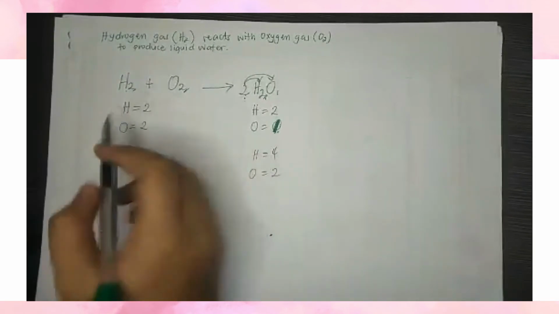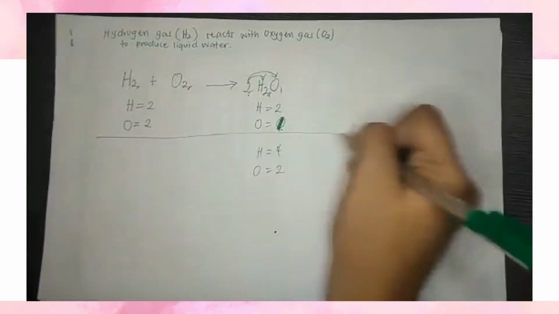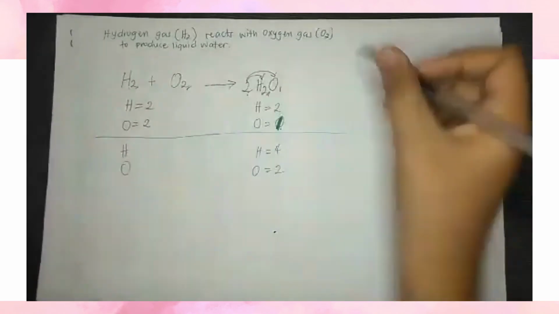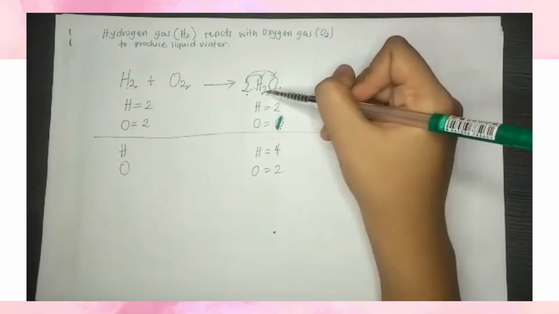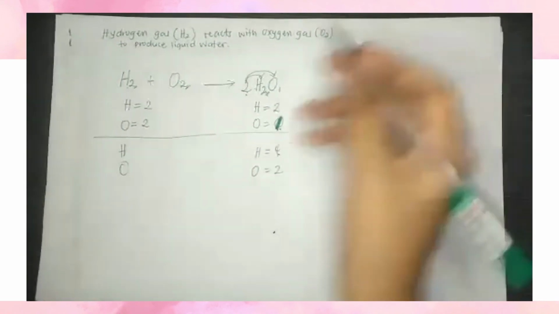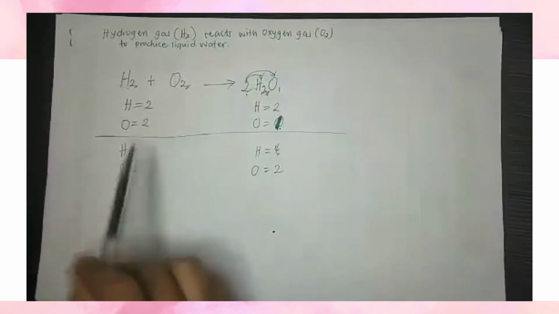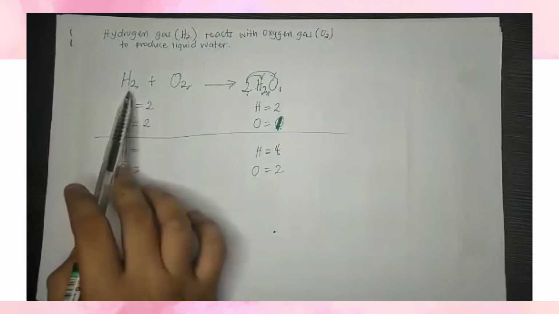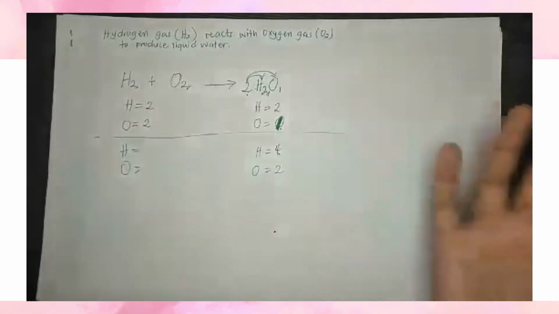Now let's go back again to our reactant. So as you can see, if you add 2 as a coefficient for the water molecule, there is a change on the hydrogen atoms. So we need to change also the reactant side for us to have a balanced equation.